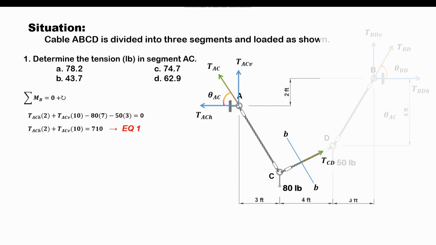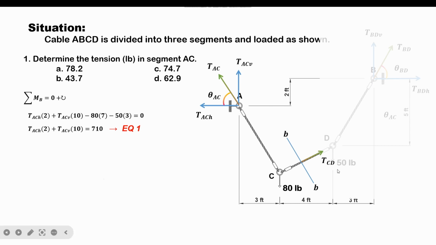What we are after here is to produce an equation that would only involve the unknowns, which are the horizontal and vertical reactions at joint A. And we can only produce that equation if we use again the equation of equilibrium pertaining to summation of moment.